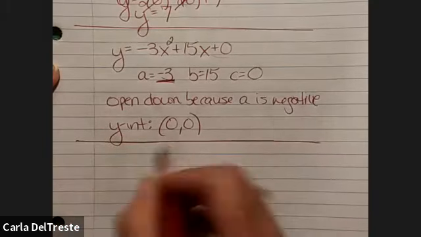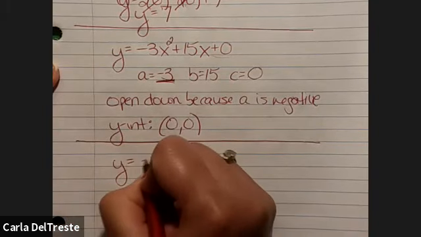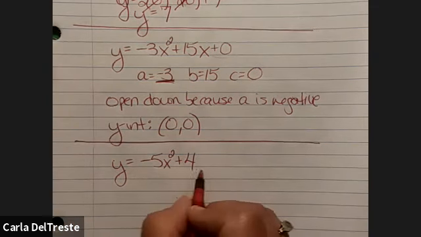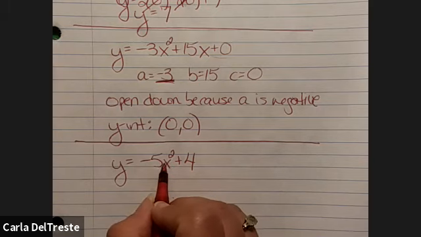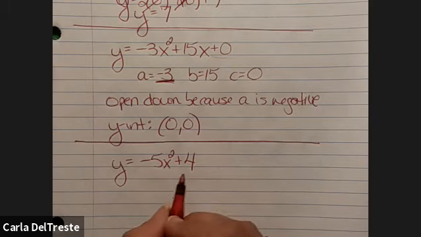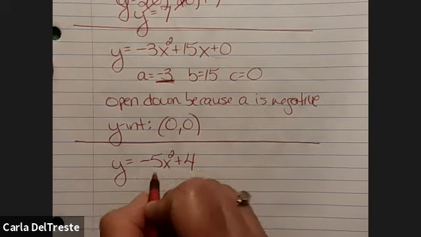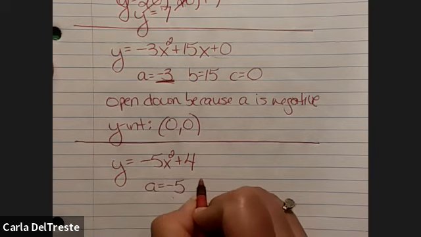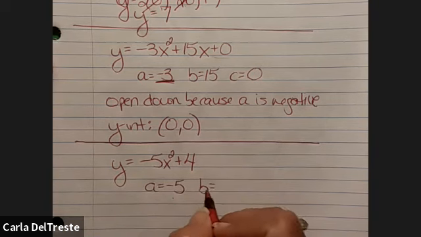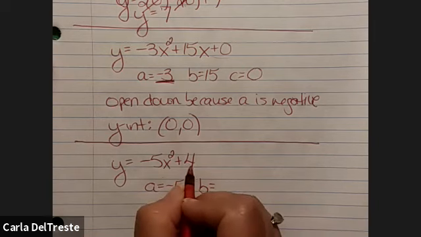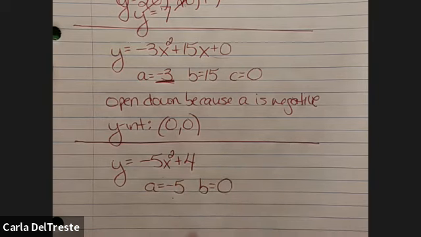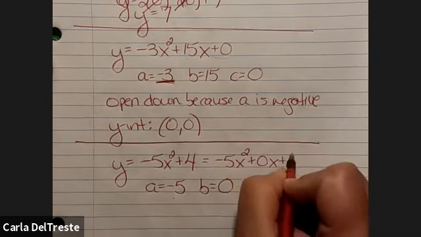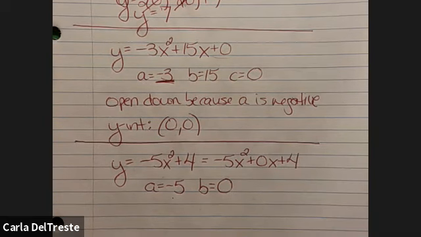Last but not least, if I have y equals -5x² plus 4, this is still a quadratic because it still can look like ax² plus bx plus c, but what term is missing? My a is -5. My b, which is supposed to be with my x, is missing. So that means my b must be 0, because I can rewrite this as -5x² plus 0x plus 4 if I want to.